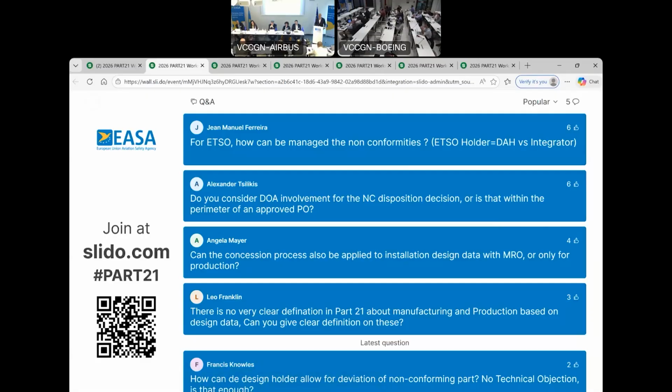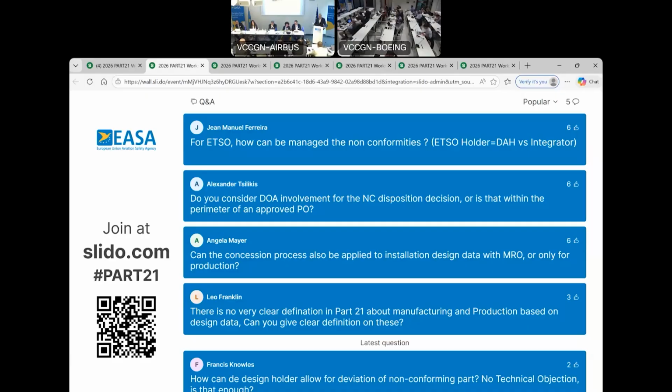Other questions? We can go to the second one. Do you consider DOA involvement for the NC disposition decision, or is that within the perimeter of an approved POA? As I said initially, both can be true. You may have decisions that are taken within the production environment, by the production organization, based on approved data or on the fact that the decision will not affect the installation.